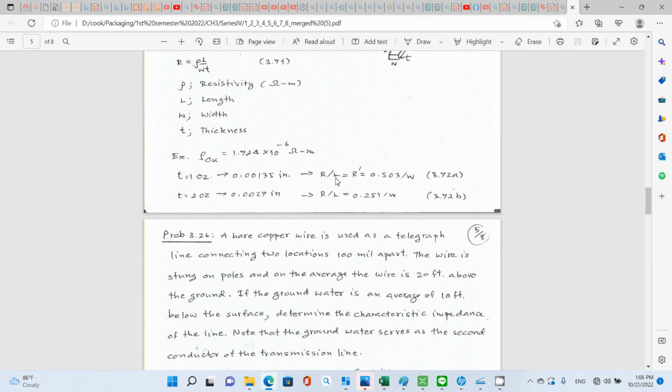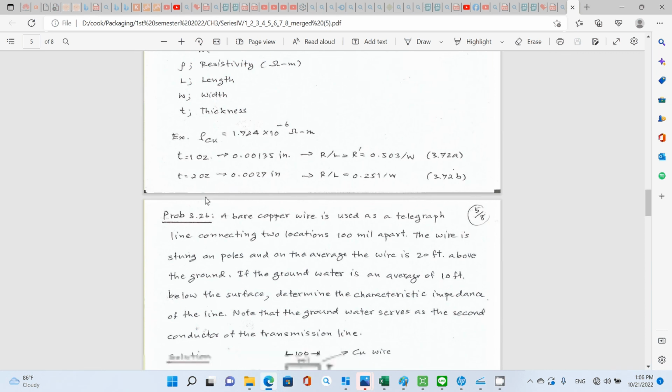So you can find the ratio of R over L, the resistance over the length of the copper. That gives you a distributed resistance, right? Per unit length. And do the same thing for the thickness of 2 ounce.